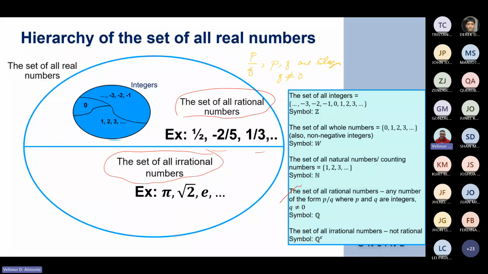Oh, we have a response from Lay Canog: because every integer can be expressed as a rational number. Can you specify, Lay, in what way? The rest you can also send in your answers. Don't wait for your other classmates.